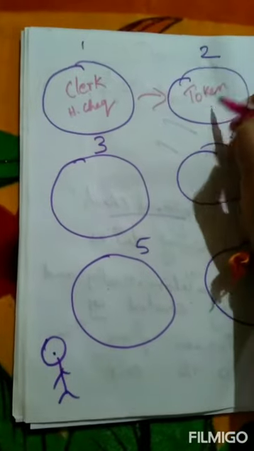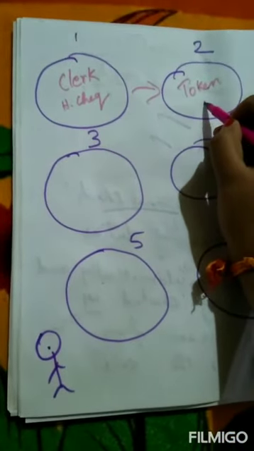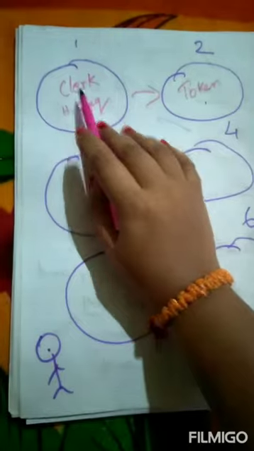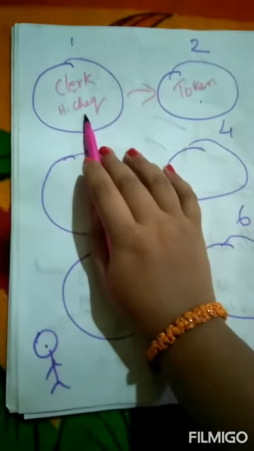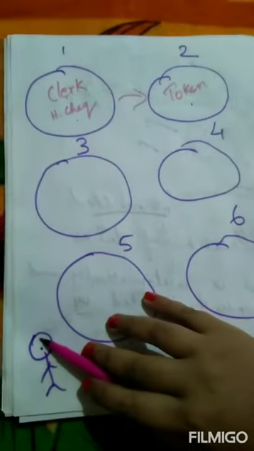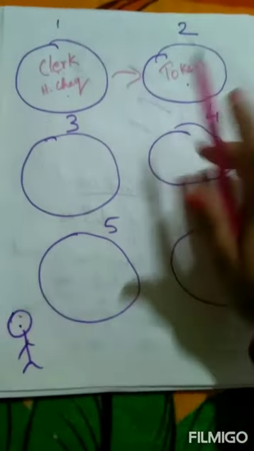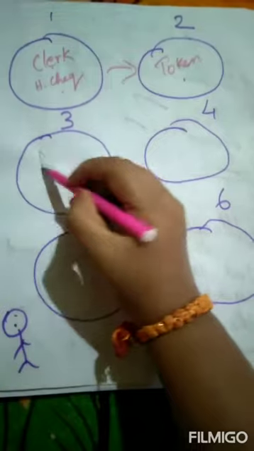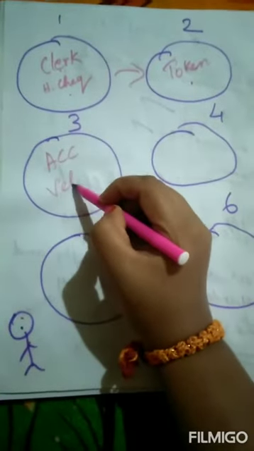This employee should check whether the clerk has got the check, and then he has to issue the token to this customer. Okay, third one is account verification.